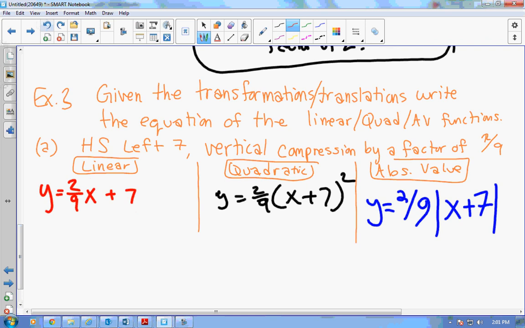So linear is a little different, right? What happens, I should put this parentheses back in. If we plug in 0 in this, y equals 2/9 times 0 plus 7, plus 2/9 times 7, do we get a negative 7 shifting it to the left?